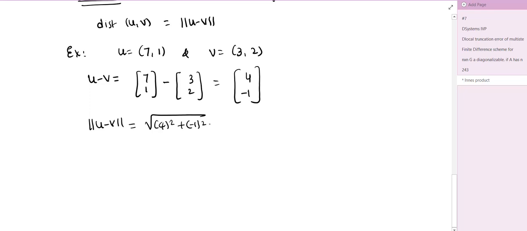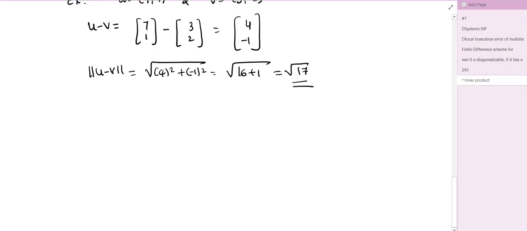This is 16 plus 1, that is root 17. So this is the distance between the u and v vectors. If you have three coordinates u1, u2, u3 and v1, v2, v3, the norm will be the square root of u1 minus v1 whole square plus u2 minus v2 whole square plus u3 minus v3 whole square.